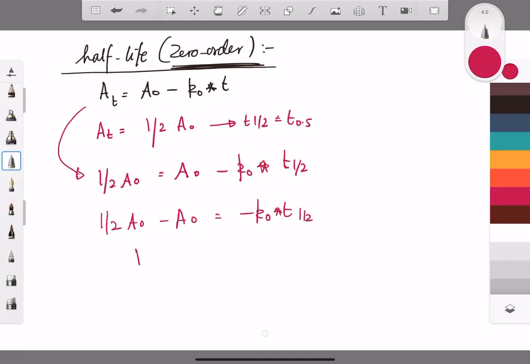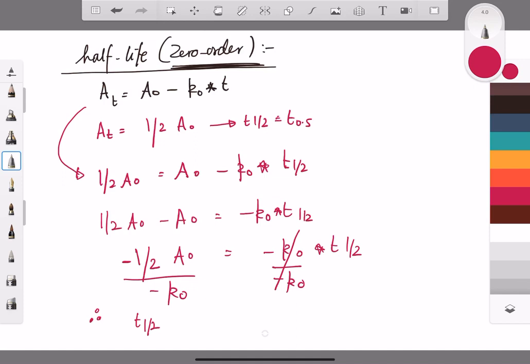Then you can have half minus one A naught, and then over minus K naught. So your half-life, if it's following a zero order reaction, would be equal to half A naught over K naught.